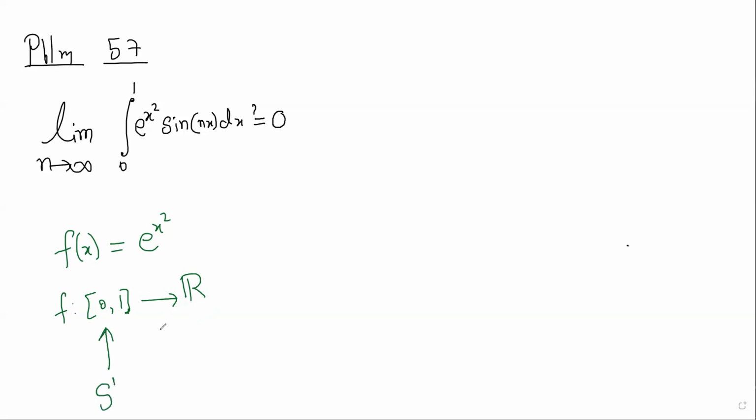So there is an alternate way where you don't have to go to the circle, but you can just think of it like, oh, no, that's not correct. But then I will need that it is equal at 0 and 1. Then only I can think of it as a function on the circle.